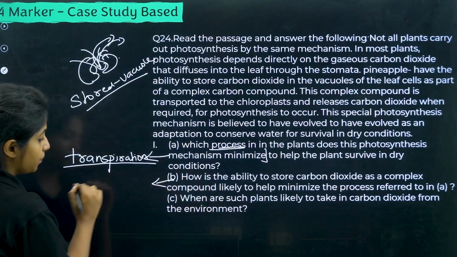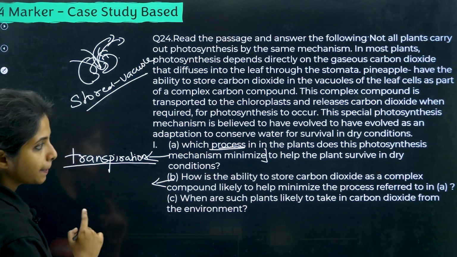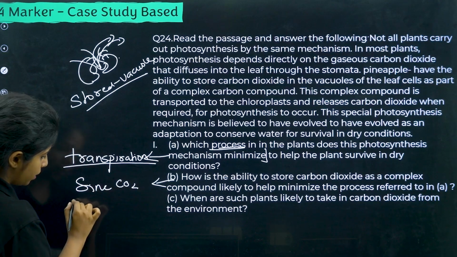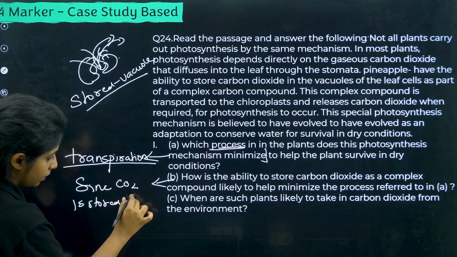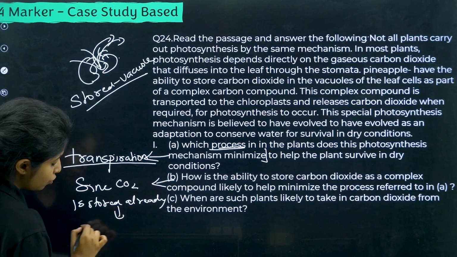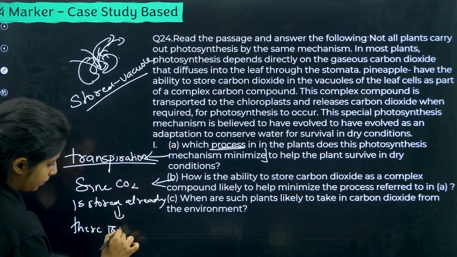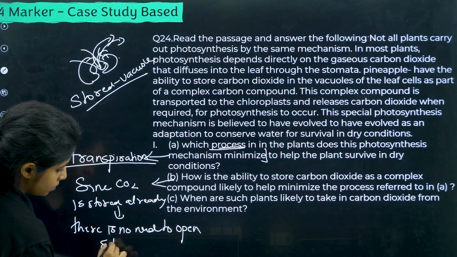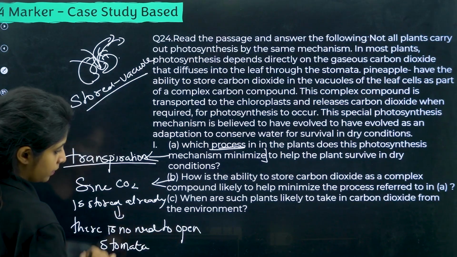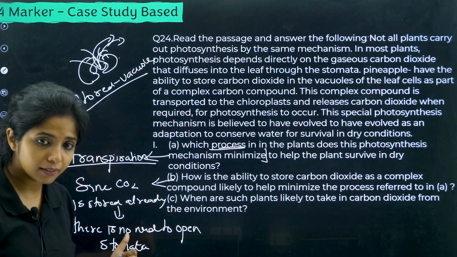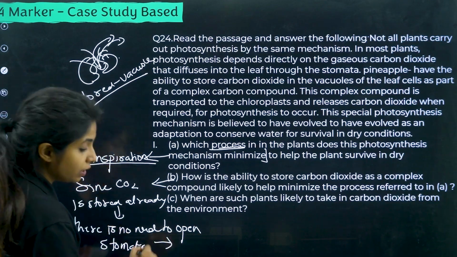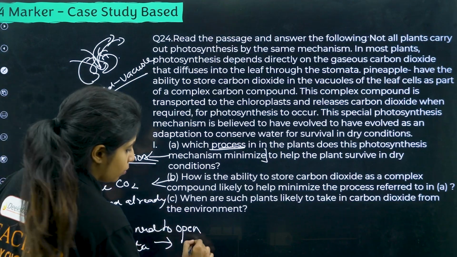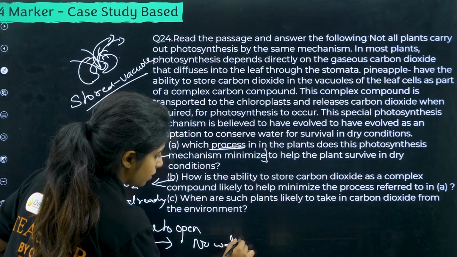Basically you have to write that since carbon dioxide is already stored, there is no need to open the stomata like that. Now if there is no need to open the stomata, will the water be lost? No. So no water loss will be there.